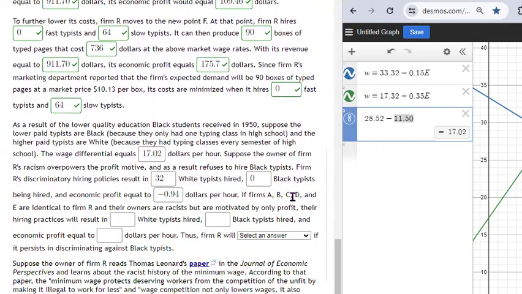If firms A, B, C, D, and E are identical to firm R, and their owners are racist but motivated by only profit, their hiring practice will result in what?